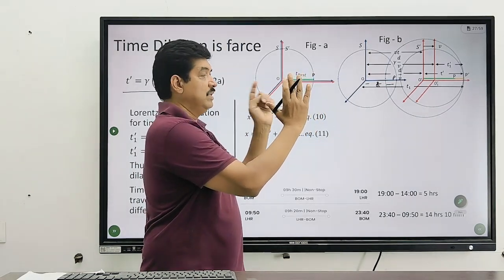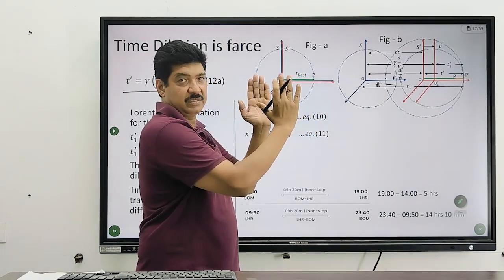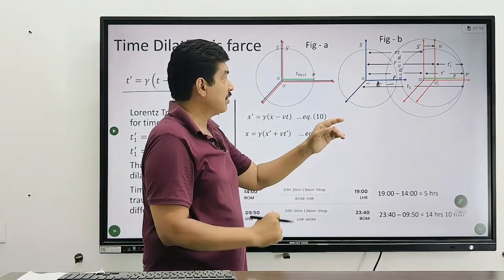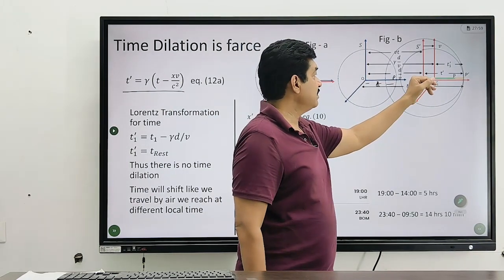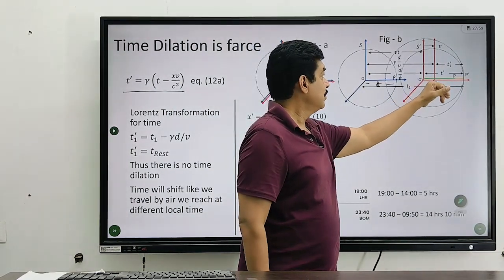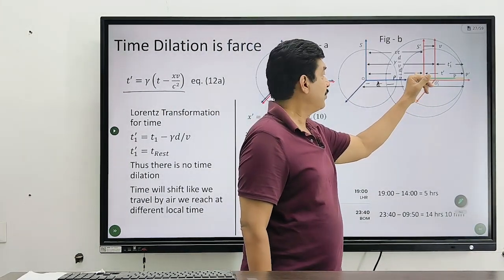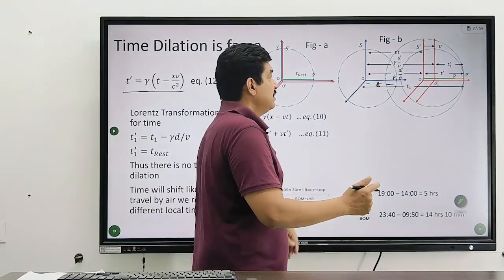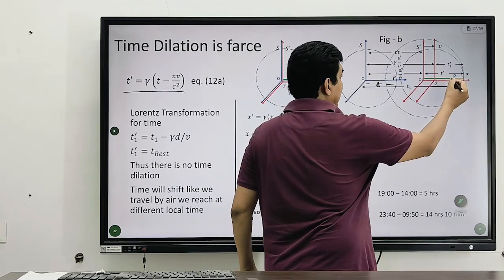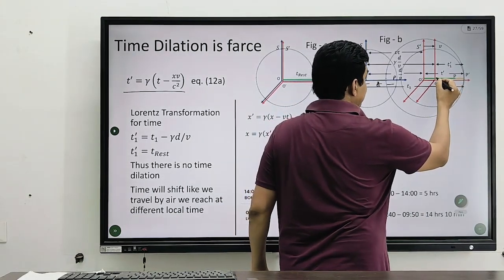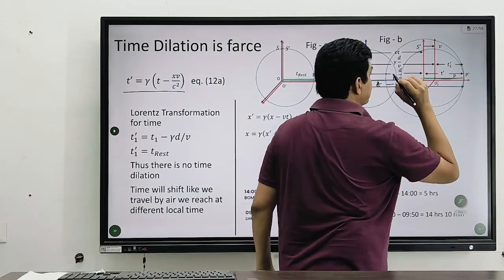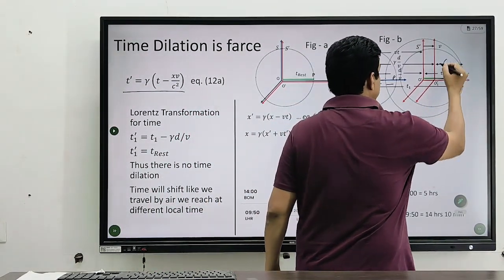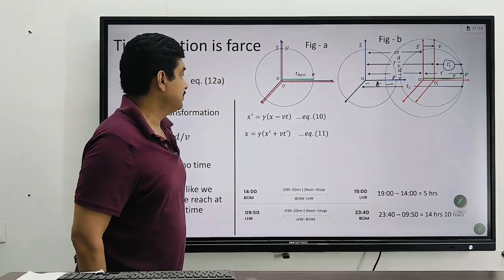So the observation of this observer from this frame of reference is wrong, because at velocity v this transforms to this position, O prime to O1 prime. Therefore the time duration will be measured from here to here only, and this time duration will be this t1 prime.